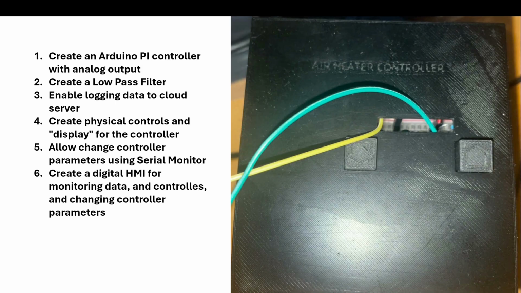There was a need for a low pass filter to filter the temperature measurements coming from the air heater to remove potential noise. And the control system should log the temperature data to a cloud server along with its parameters.